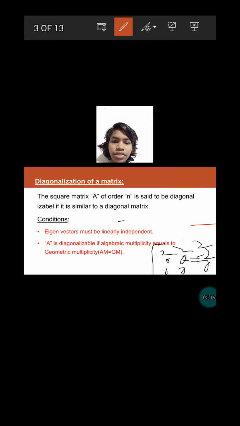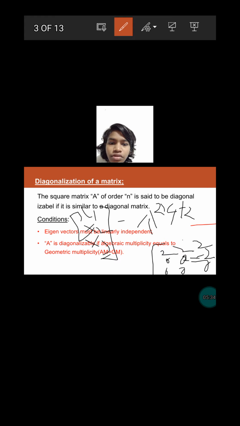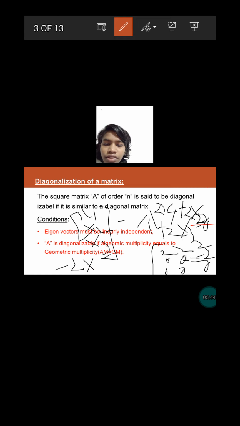After multiplying this with the column matrix x1 x2 x3, we get two equations. They are 2x1 plus 2x2 plus 2x3 equals 0, and the second equation, minus 2x3 equals 0.